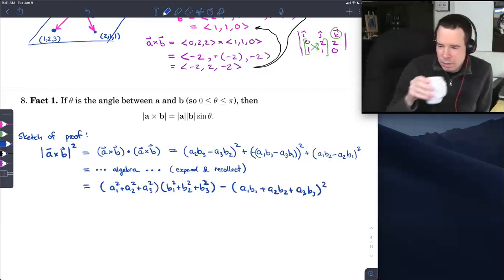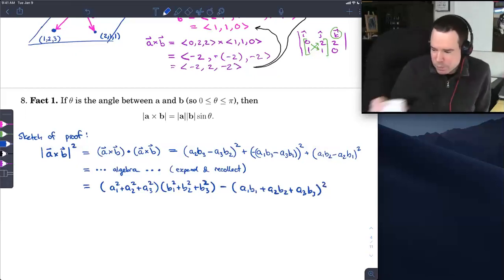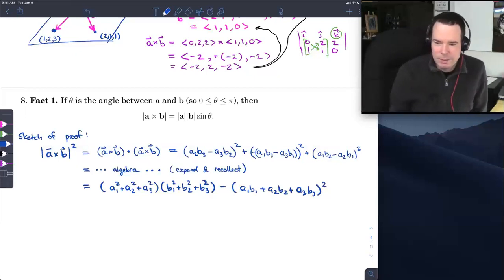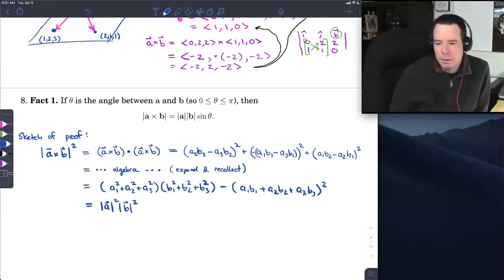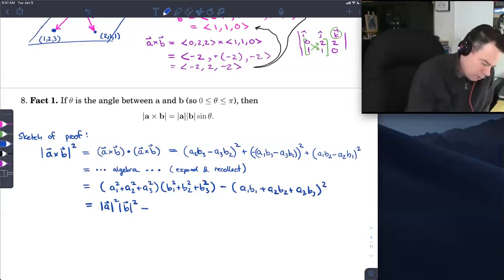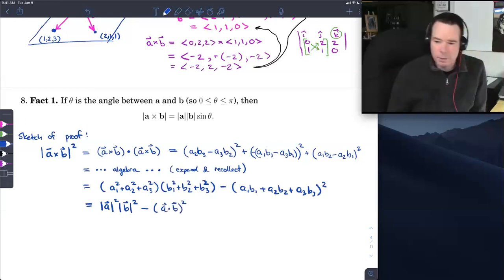Now, once we've done this, the observation is that these are just two magnitudes sitting here. This is the magnitude of a squared, and this is the magnitude or the length of the vector b squared. And that last expression is the dot product of the two, squared.